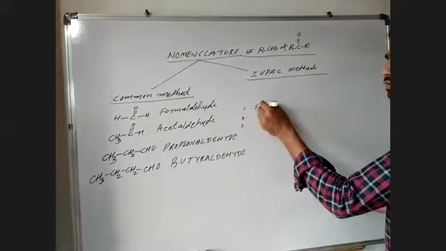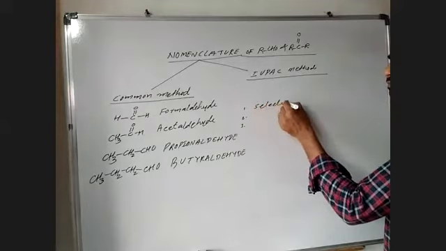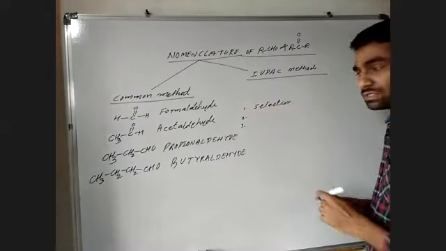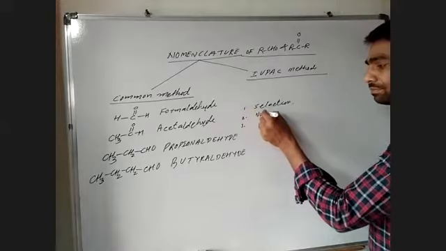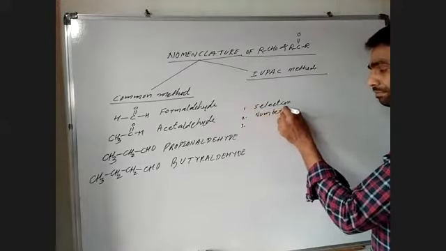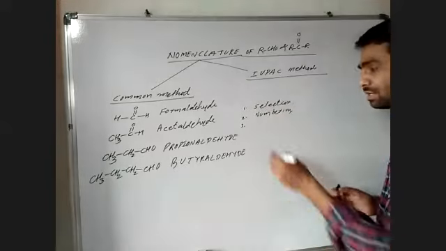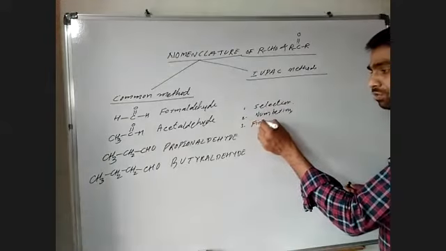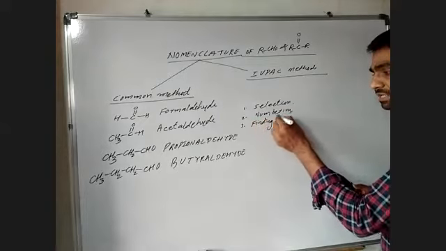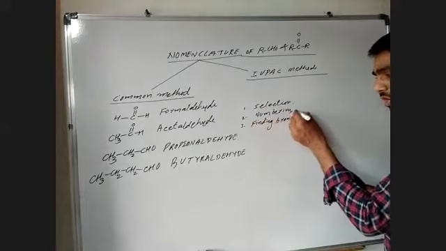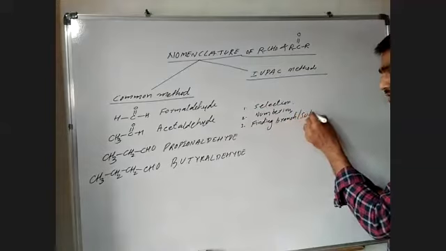Number one rule we know well, selection. Second rule is the rule of numbering. Third rule is about finding the branches or substituents.